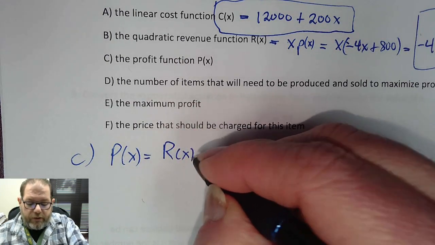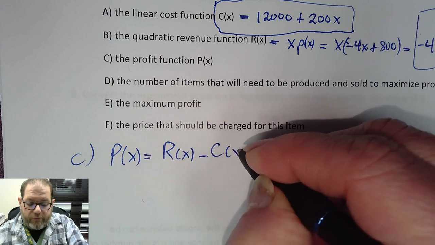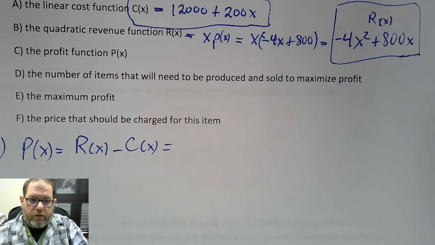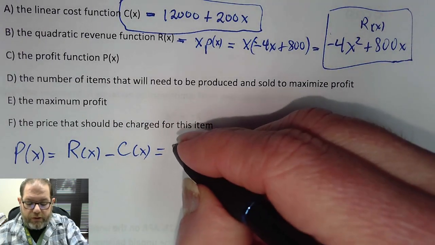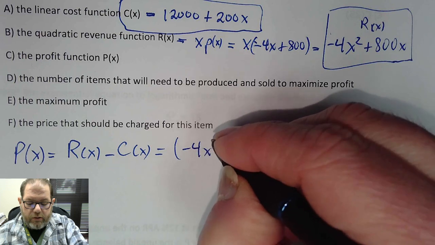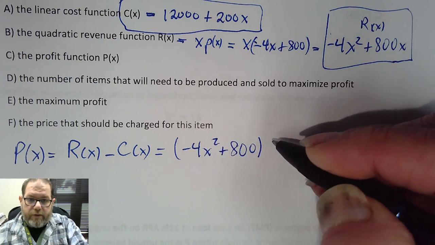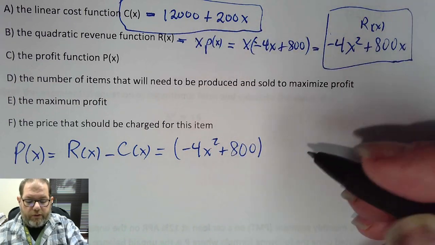But P of x is R of x, revenue, minus the cost C of x. Now, R of x we found negative 4x squared plus 800x. And C of x, our cost, is 12,000 plus 200x.